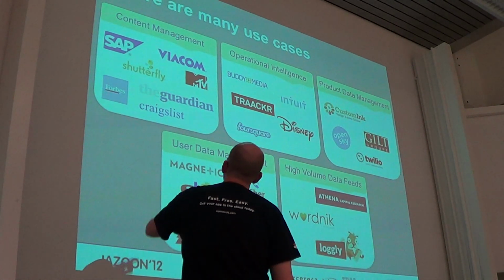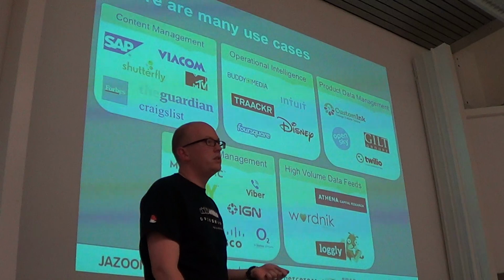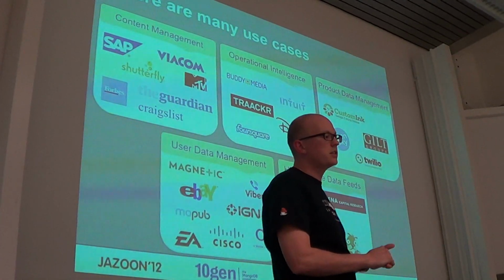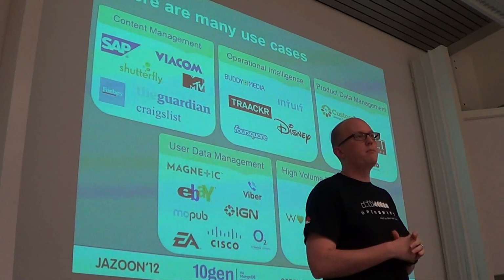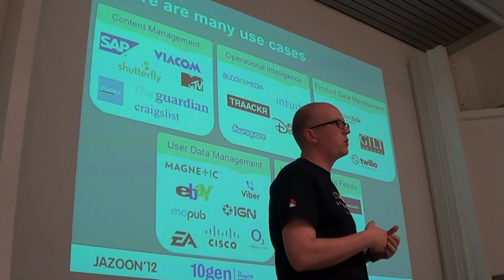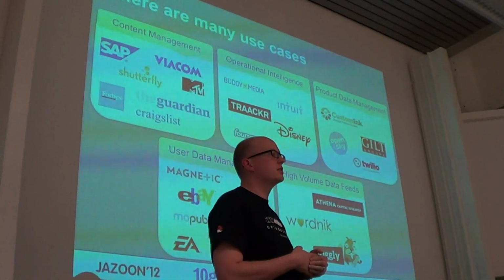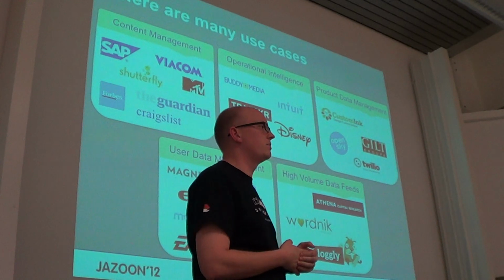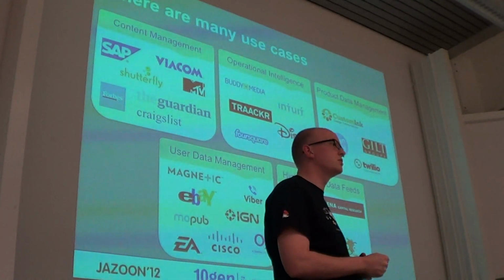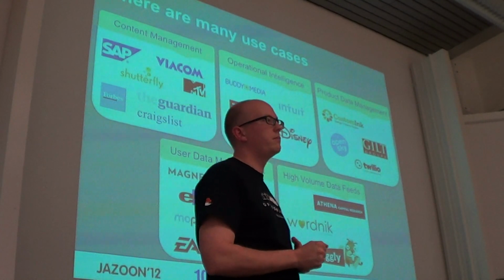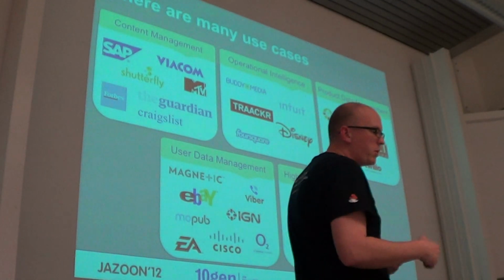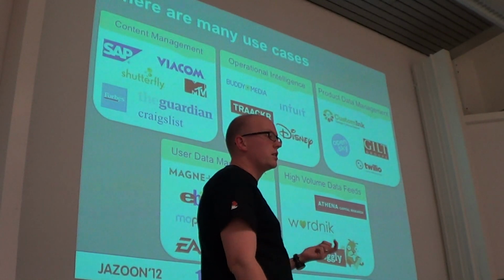The interesting ones, like The Guardian, use it for their content management system. It is now actually their blessed database, the default database for any of their projects unless there's a reason to use another one. They do use other data stores, like Cassandra for certain parts of their systems, but the default is MongoDB.